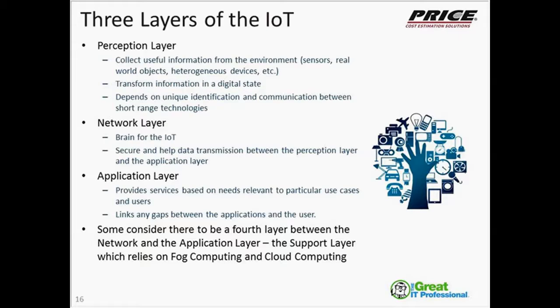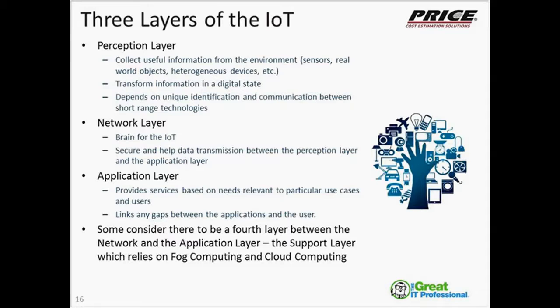It takes that information and transforms it into a computer usable state. And the perception layer depends on each thing having a unique identification and on communication being possible via short-range technologies between these things.